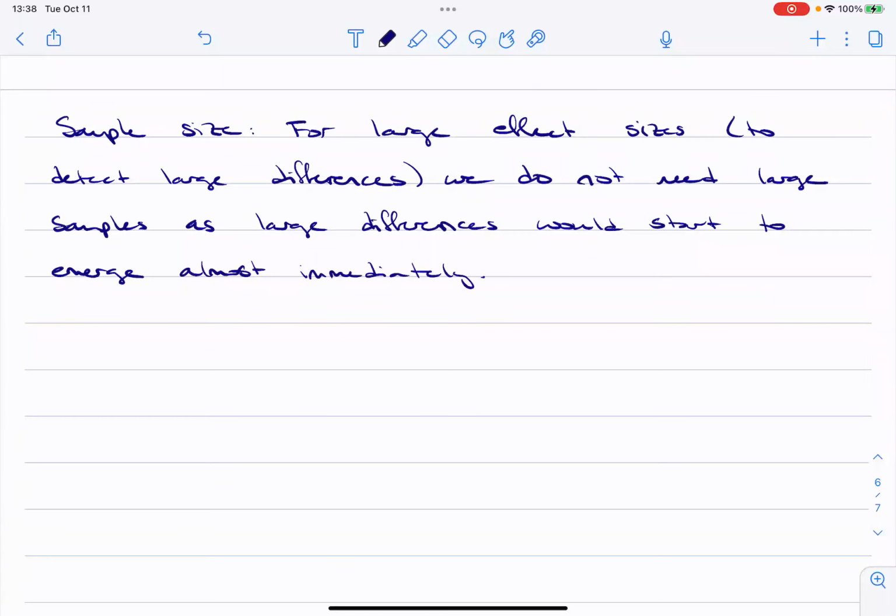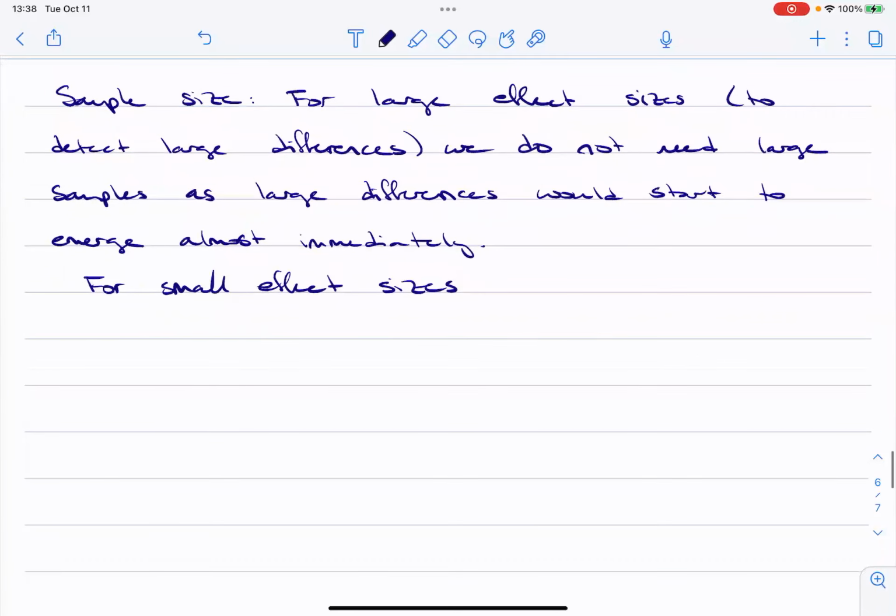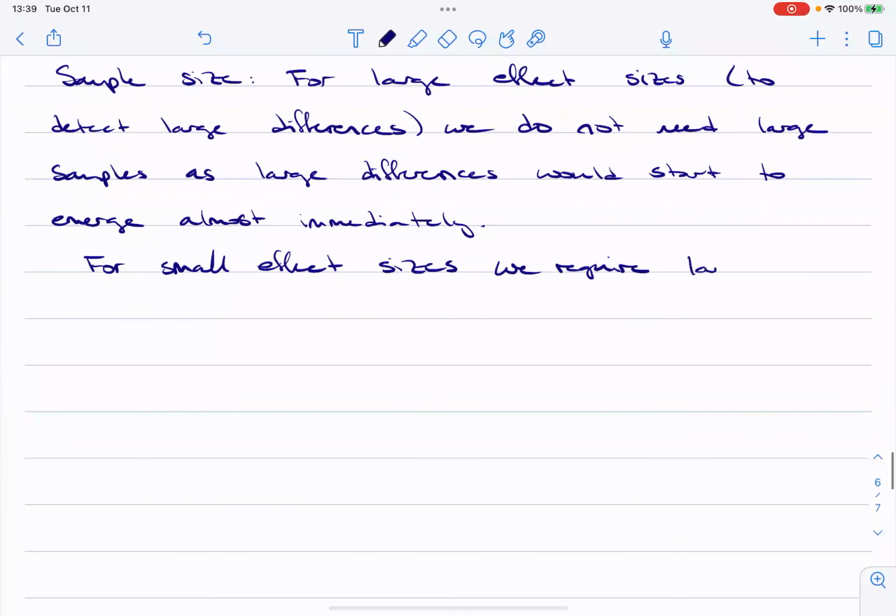And on the flip side, for small effect sizes, we require larger sample sizes.